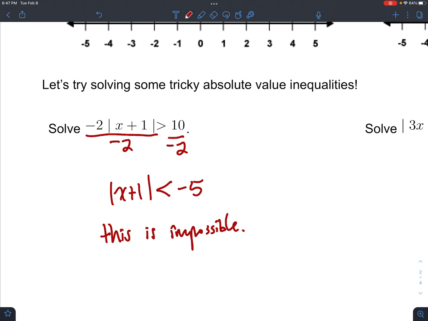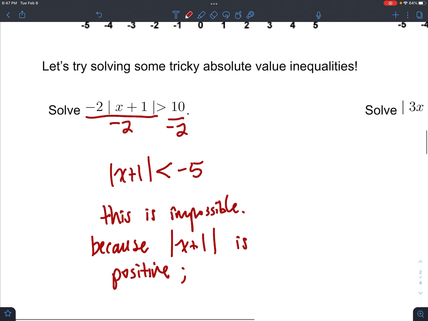You can't have an absolute value come out to be negative. Let me just write it out. Because this quantity, whatever that might be, I have no idea what that is, but I do know that it is positive. Absolute values can't come out being negative.